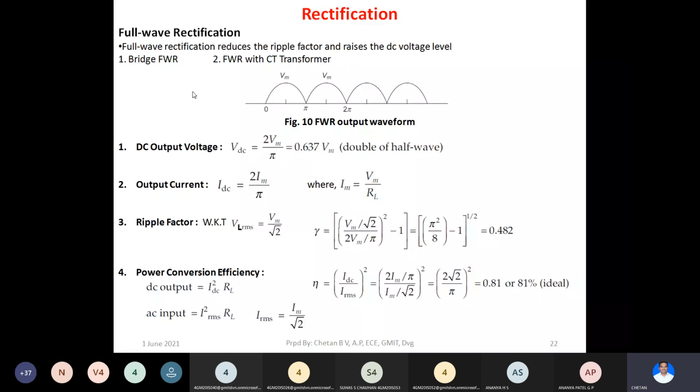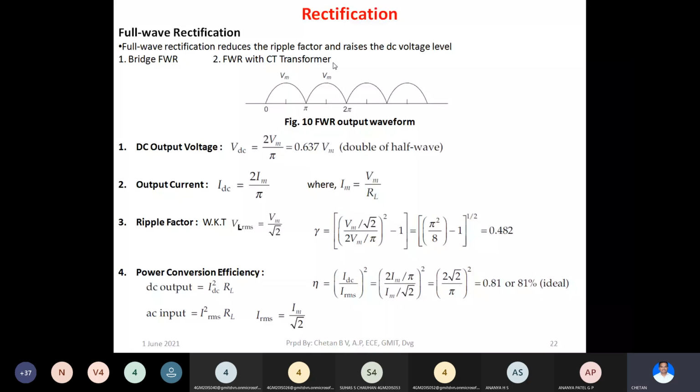In the case of a full wave rectifier with a CT transformer, a special kind of transformer called a center tap transformer is used. A center tap transformer is one which has two parts in its secondary winding. At the middle of the secondary winding, you have one more connection. Using this connection, you can effectively divide the secondary winding into two parts.